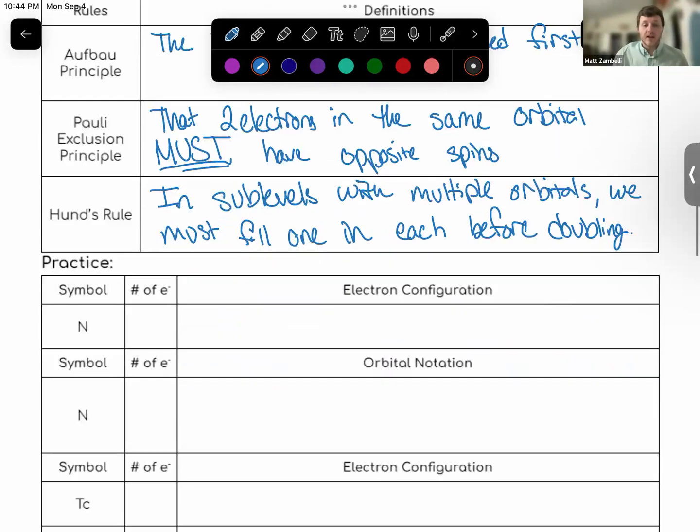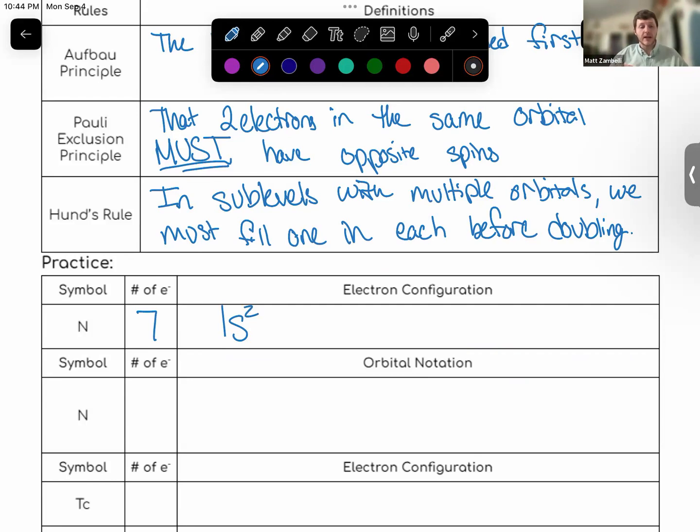Okay. So if we look at nitrogen, nitrogen is number 7 on the periodic table. So we have 7 electrons. And so if we go through, remember, hydrogen always starts with 1s. Hydrogen and helium are our first 2, and we go through both of those to get to nitrogen. So we have 1s2.